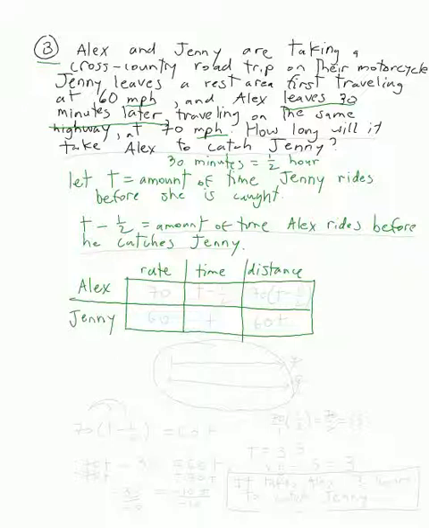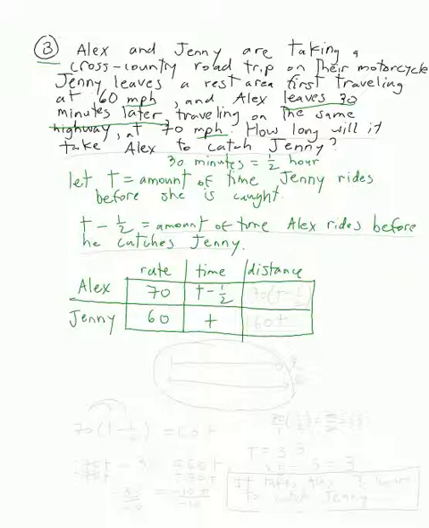Now, it says Jenny goes t hours, so that's going to be her time. Alex goes t minus 1/2, so that's going to be his time. What about Alex's rate? Well, the problem says Alex goes 70 miles per hour, so that means this is going to be 70. The problem also says that Jenny goes 60 miles an hour, so that's going to go right here.